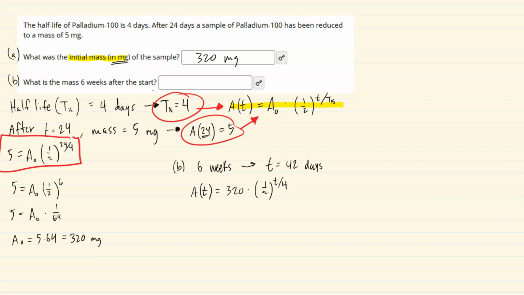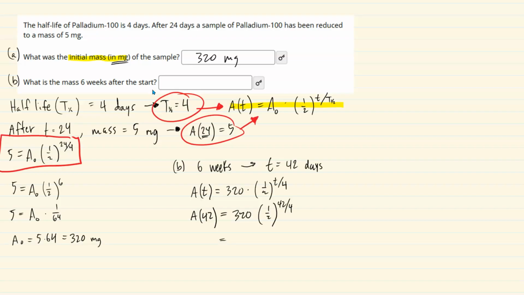So using this information, we need to plug in 42 for t and solve for the mass after 6 weeks. So A of 42 equals 320 times 1/2 to the 42 over 4. And we can solve for that. 42 over 4 ends up being 10.5.